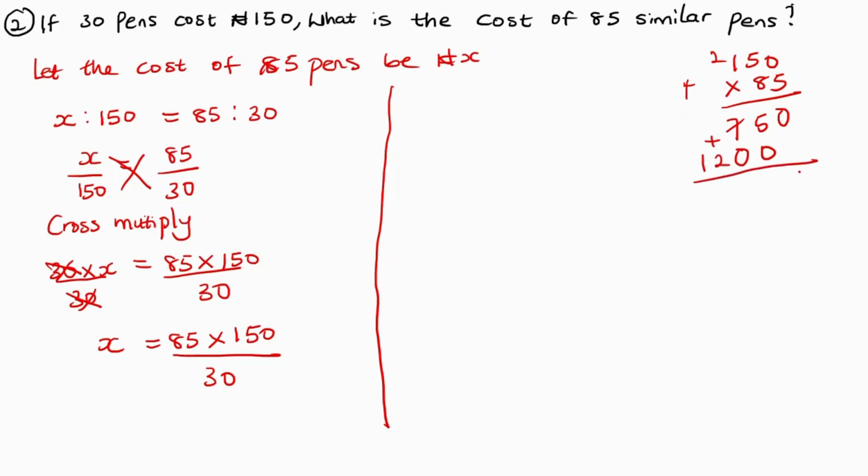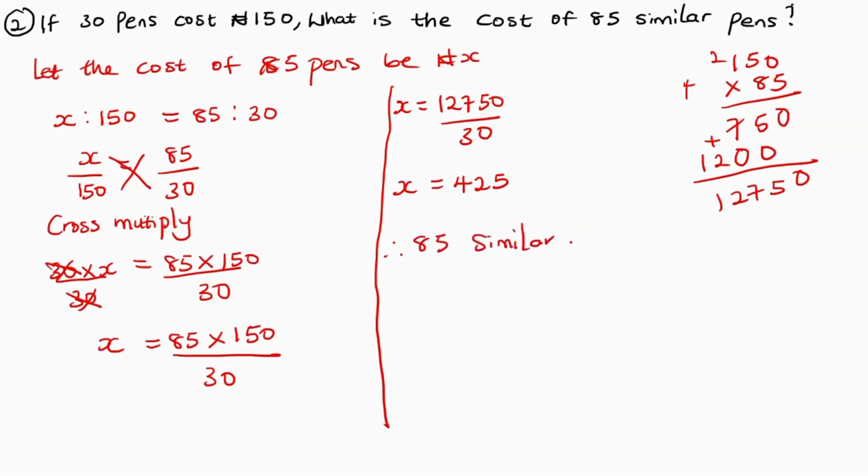Adding this together, we have 12,750. So X is equal to 12,750 divided by 30, and once we divide this, we are going to have that X is equal to 425. So therefore, 85 similar pens will cost 425 naira. And guys, this becomes our final answer.